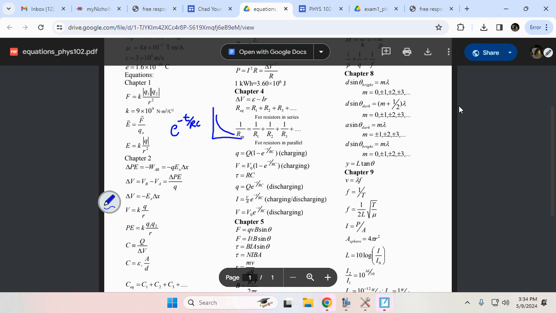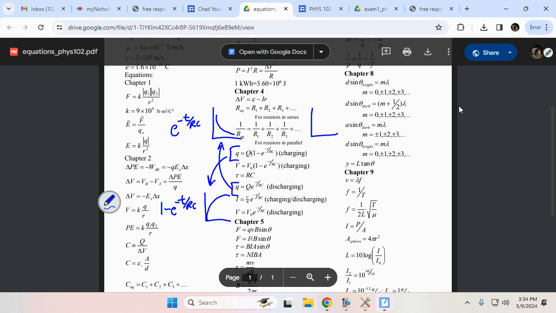But if I have an equation that has 1 minus e to the minus t over RC, that is a growth function. It's going up, right? So, for example, if I ask for the charge of a charging capacitor, then it would be this one. Or if it's a discharging capacitor, it would be this one. Be careful, though, because sometimes I give you others that aren't really exponential, or that are neither one.